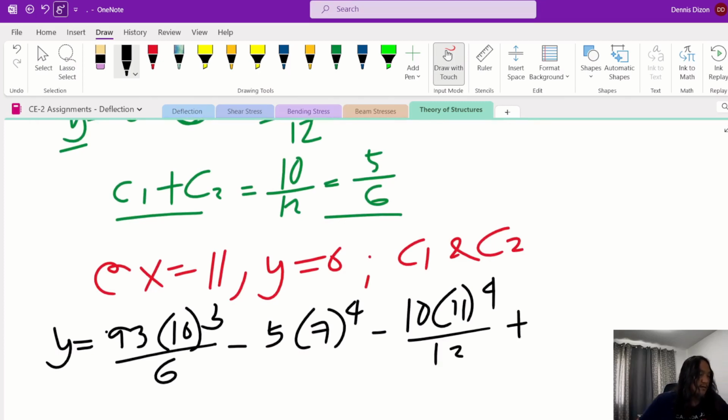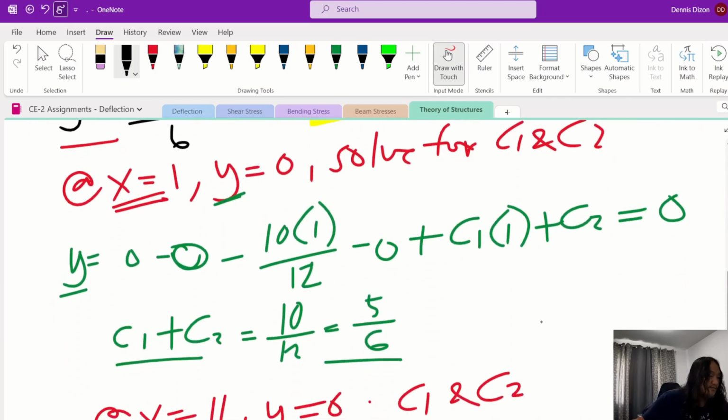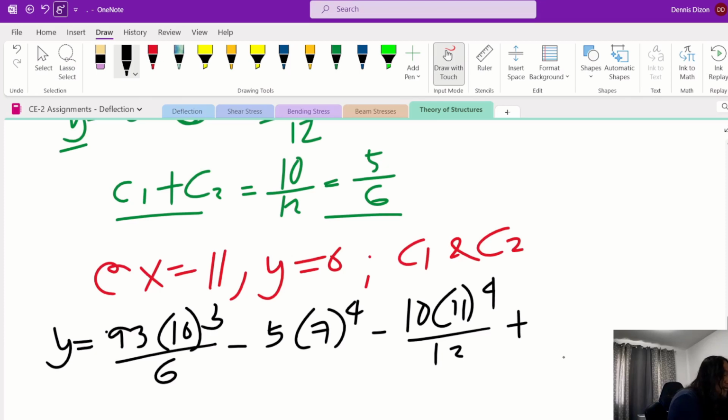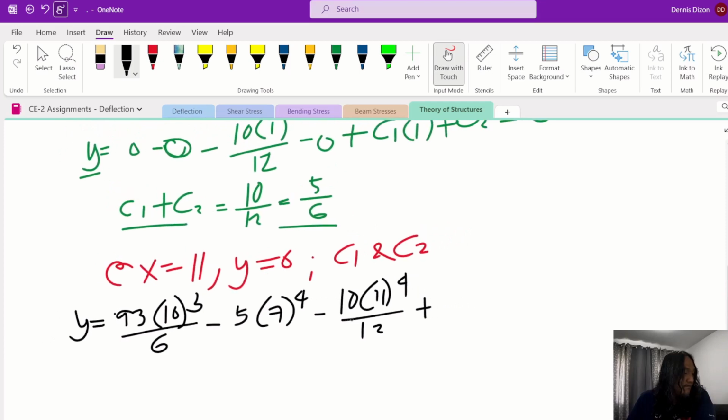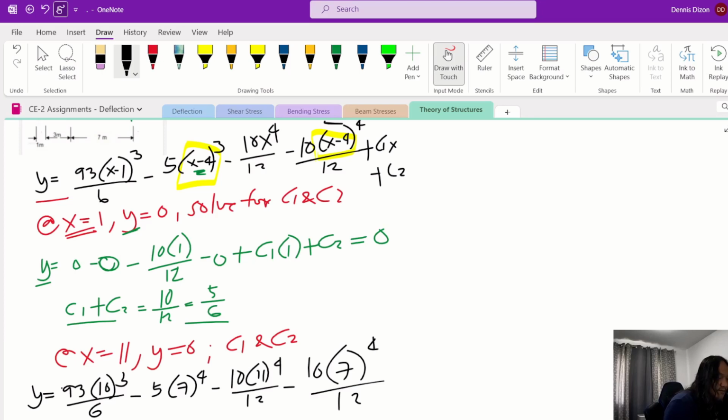And then minus 10 times x minus 4, which is 7 to the fourth over 12, right? Then plus C1 times 11 plus C2. So that one.